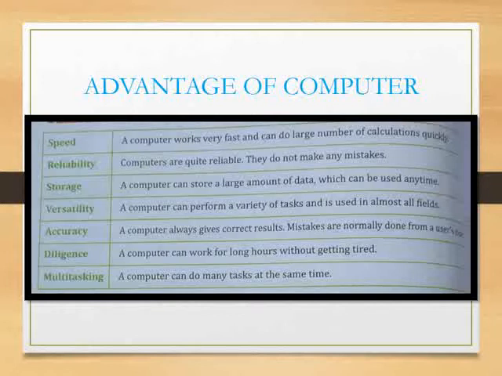That means it is reliable and it does not make mistakes. Next is storage. It can store a large amount of data. Versatile, because it can perform various tasks. Accuracy, it always gives the correct result. Not like human beings, it never makes mistakes.